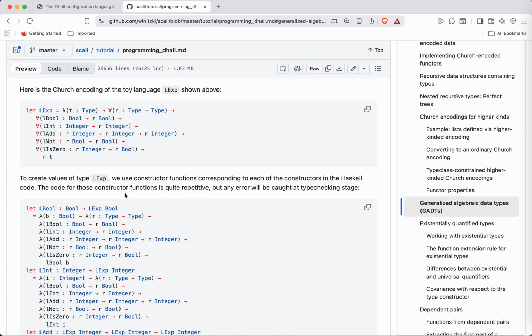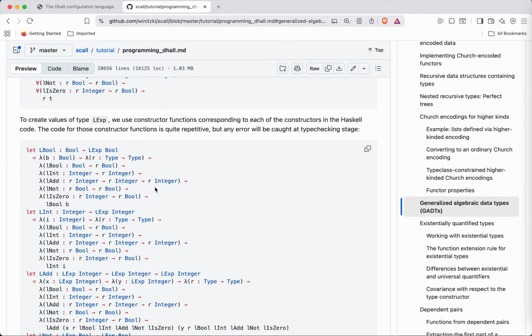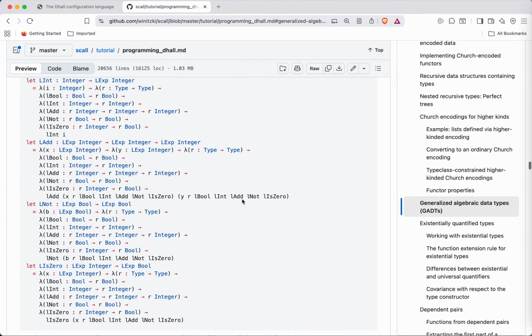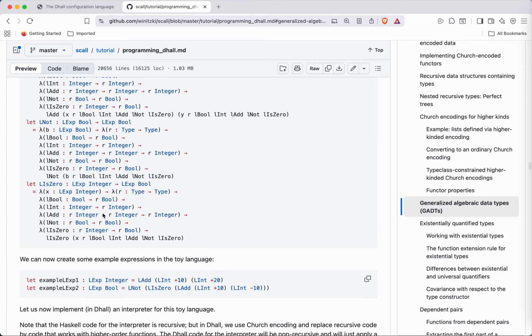You see there are lots of lambdas all over the place, but essentially it's very similar to what you would write in Haskell, except for a lot more code. However, all this code is more or less mechanical, and you could imagine tooling that will just write this code for you, some kind of autocomplete.